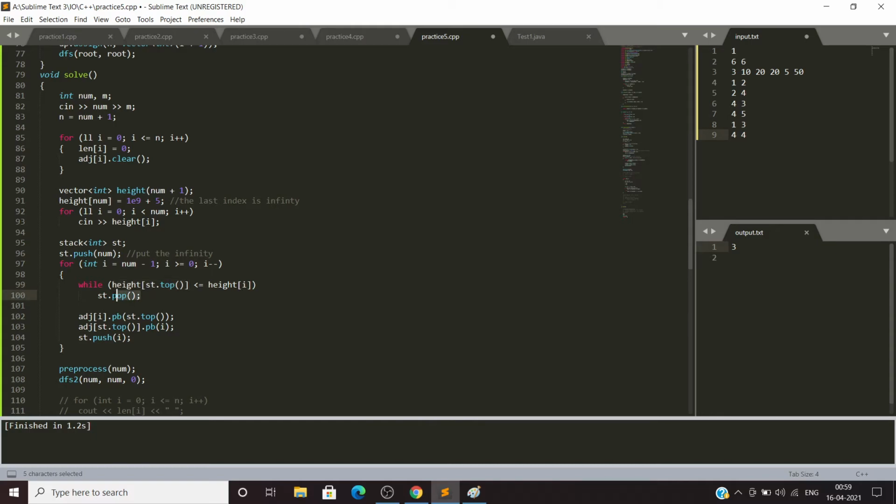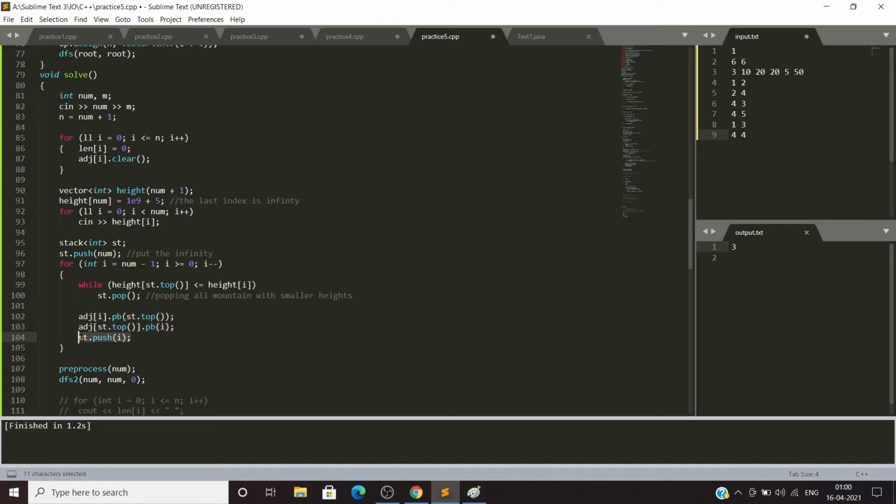So we are just popping all those smaller heights, and then we connect the two: the stack top will be greater than the height of i, and we connect those two.